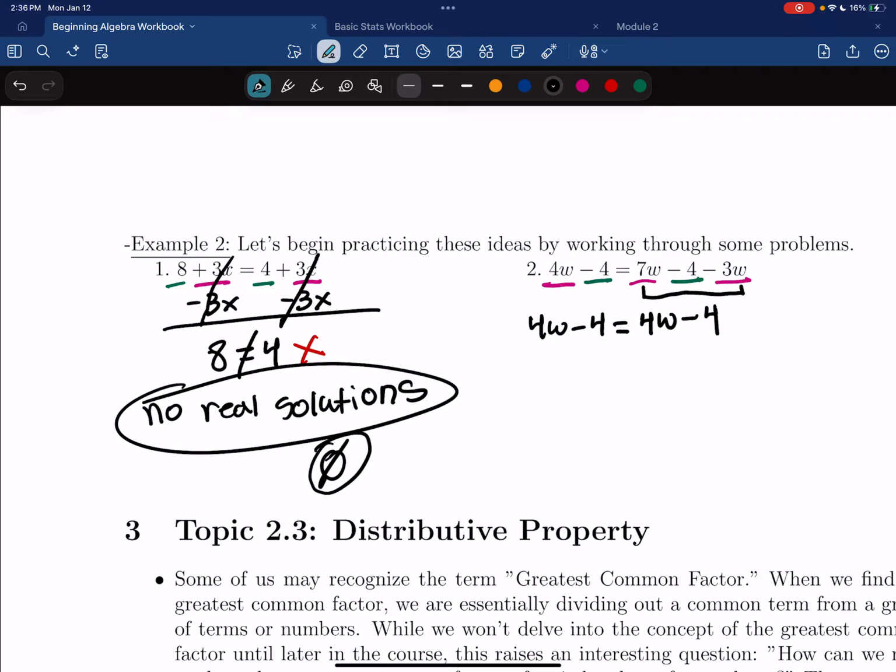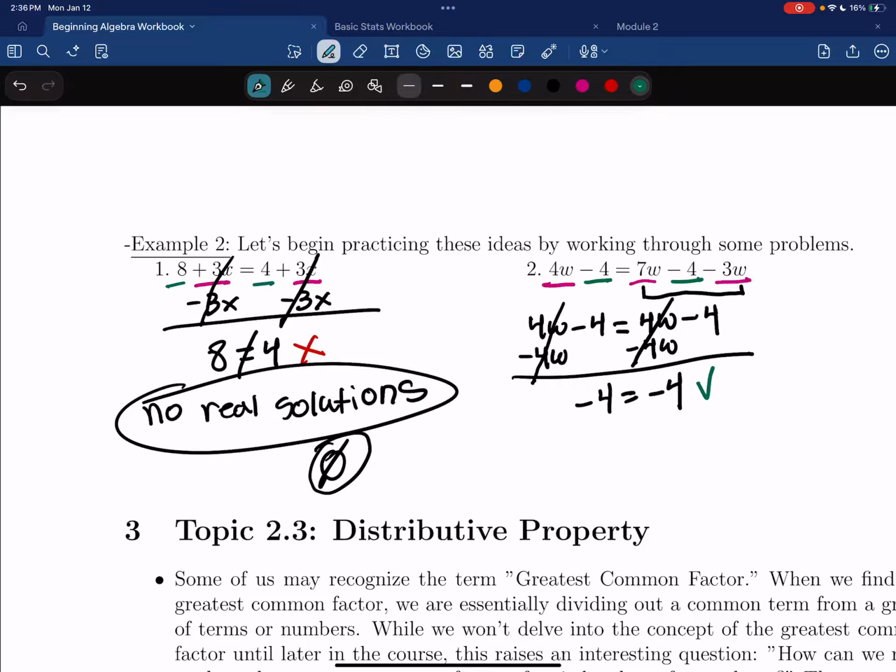And now let's subtract 4w on both sides to get w on one side of the equation. The w's here cancel, and the w's here also cancel out. So we're left with -4 equals -4. Well, that's a true statement, right? -4 does equal -4. They're the same value.